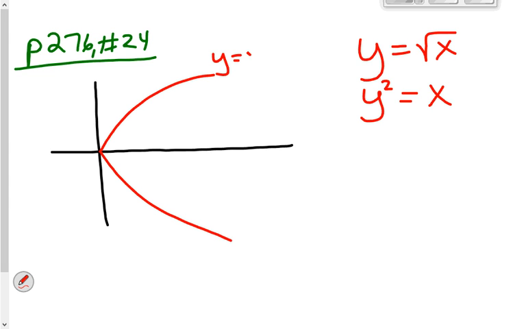So this is going to be y equals radical x. And I've got my tick marks. Okay, on my axis, I'm going from 0 out to 5.